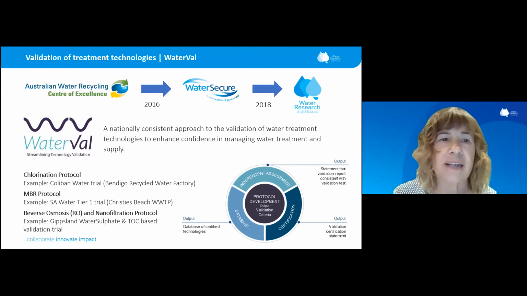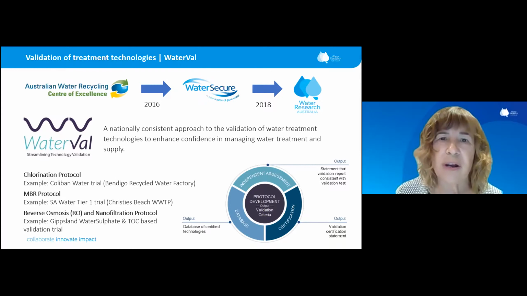There are some protocols already developed around chlorination, membrane bioreactors, reverse osmosis and nanofiltration. And they're developed following a series of elements that are worked through for each technology. So whilst we've looked mainly at test methods today, I did want to highlight the fact that there are frameworks out there which have been developed and are very strongly supported by our health regulators.